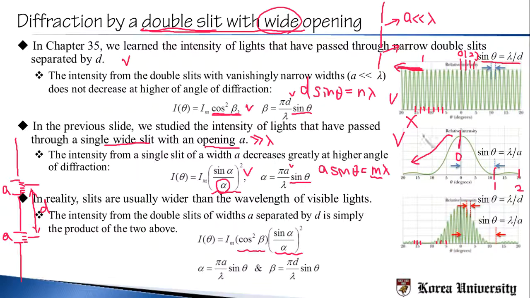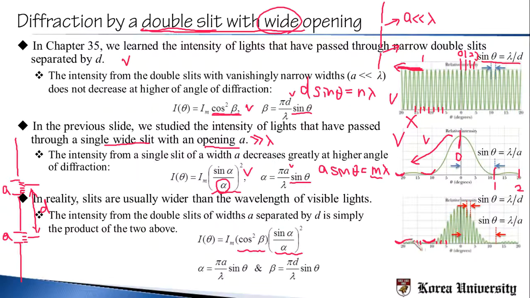In the single wide slit case, there is a first minimum, a second minimum. So in the double wide slit case, also there is a very wide first minimum and a very wide second minimum. Looks the same, right? So the intensity result of the double wide slit contains two pieces of information.